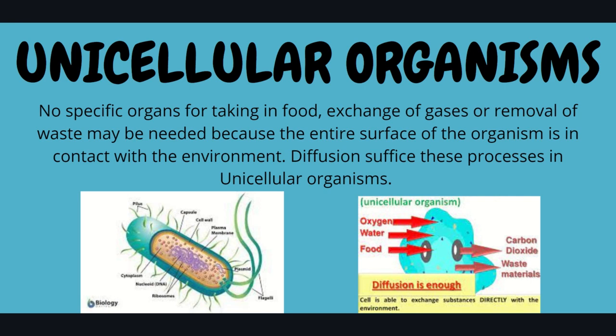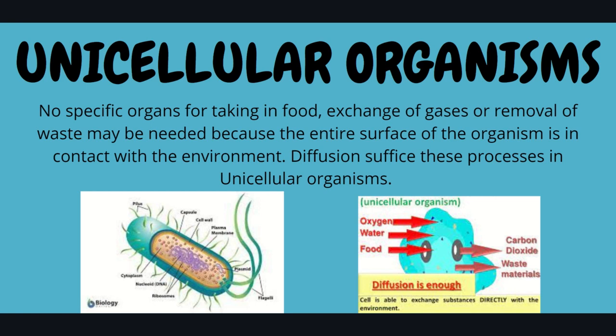Thus, diffusion can suffice the requirement of transportation, exchange of gases, food material. That is why unicellular organisms do not have specialized organs, tissues, or organ systems. Diffusion can suffice all the life processes in unicellular organisms.